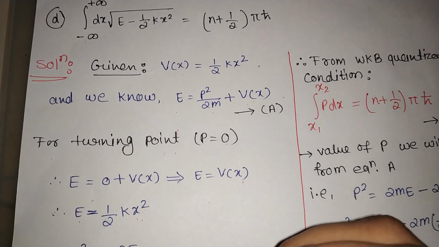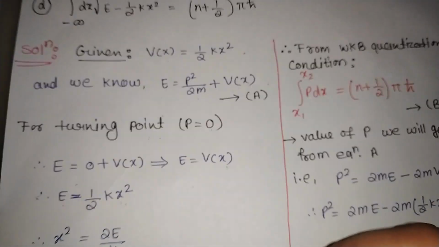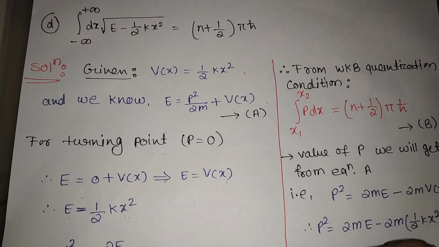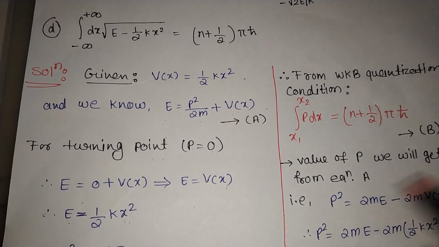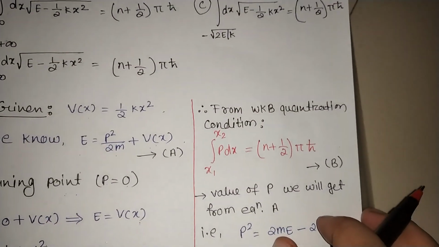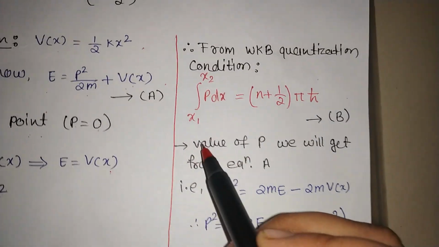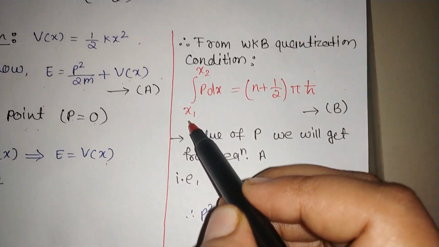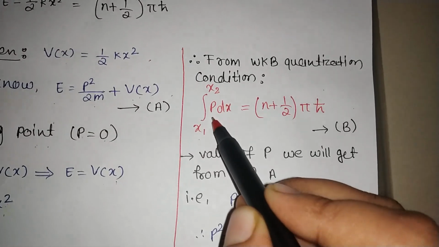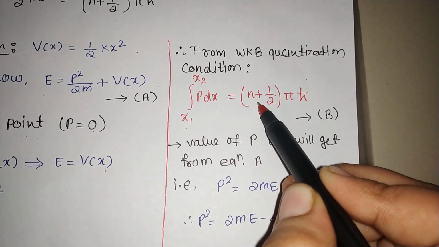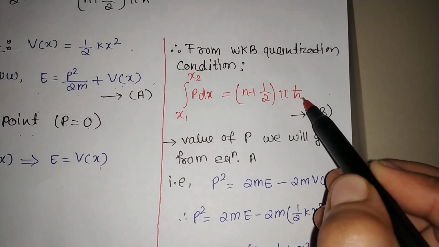Once we have got the turning points, the lower and higher limits, what we have to do is use the WKB quantization condition. So what is the WKB quantization condition? It is the integration from x1 to x2 of p dx, which equals (n plus half) pi h cross.